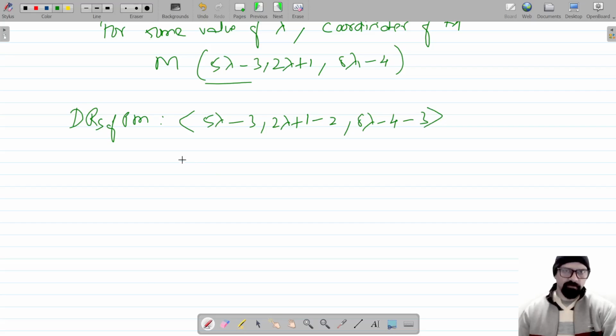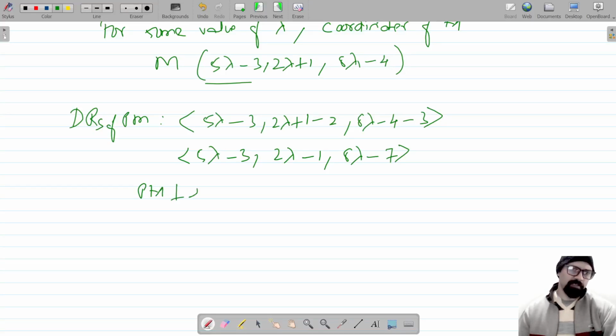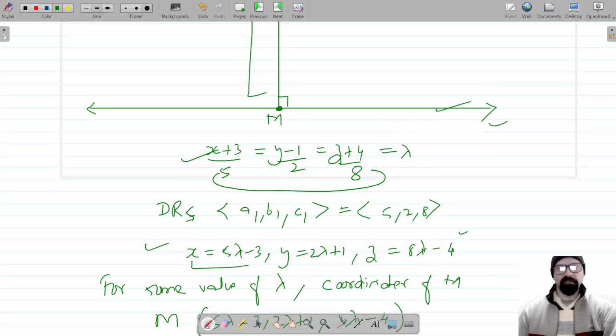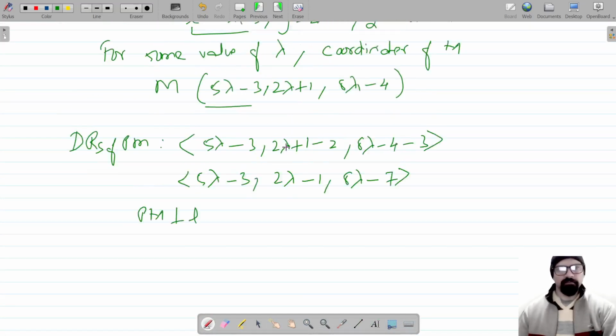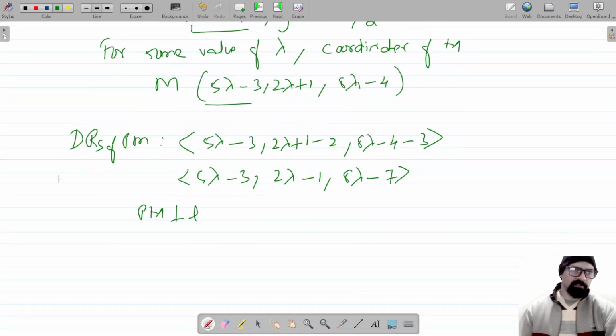So the direction ratios of PM are 5 lambda minus 3, 2 lambda minus 1, and 8 lambda minus 7. Now PM is perpendicular to L, so let L be the line, and let these direction ratios be A2, B2, C2.